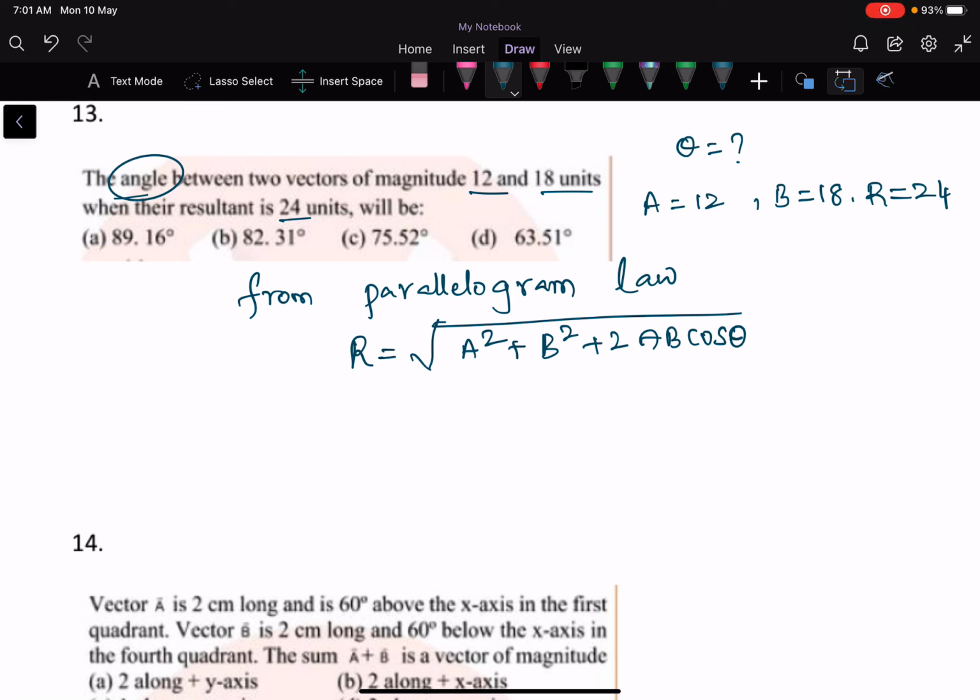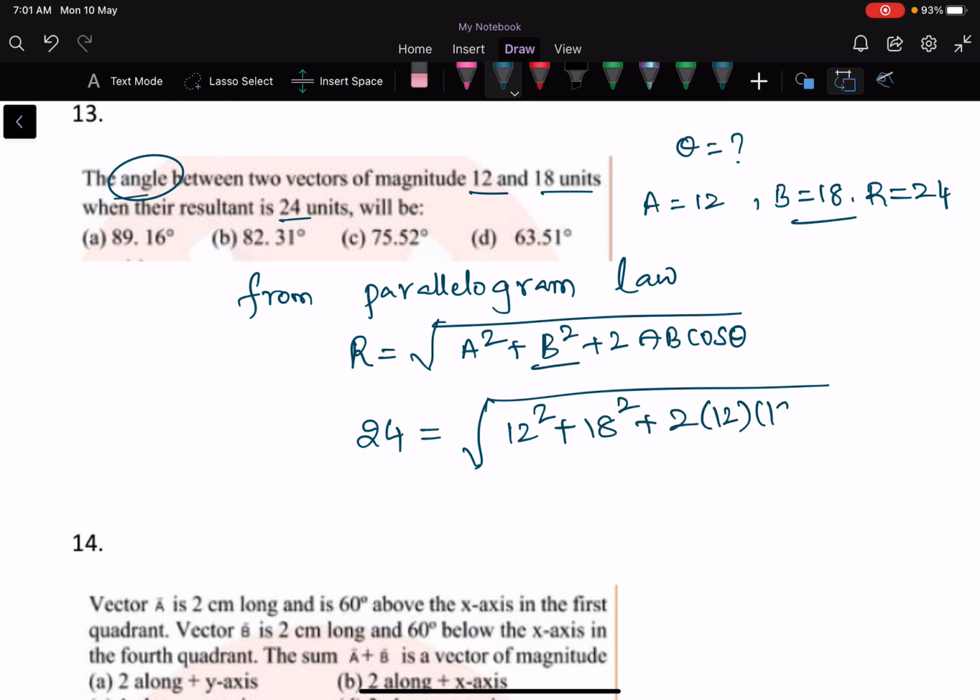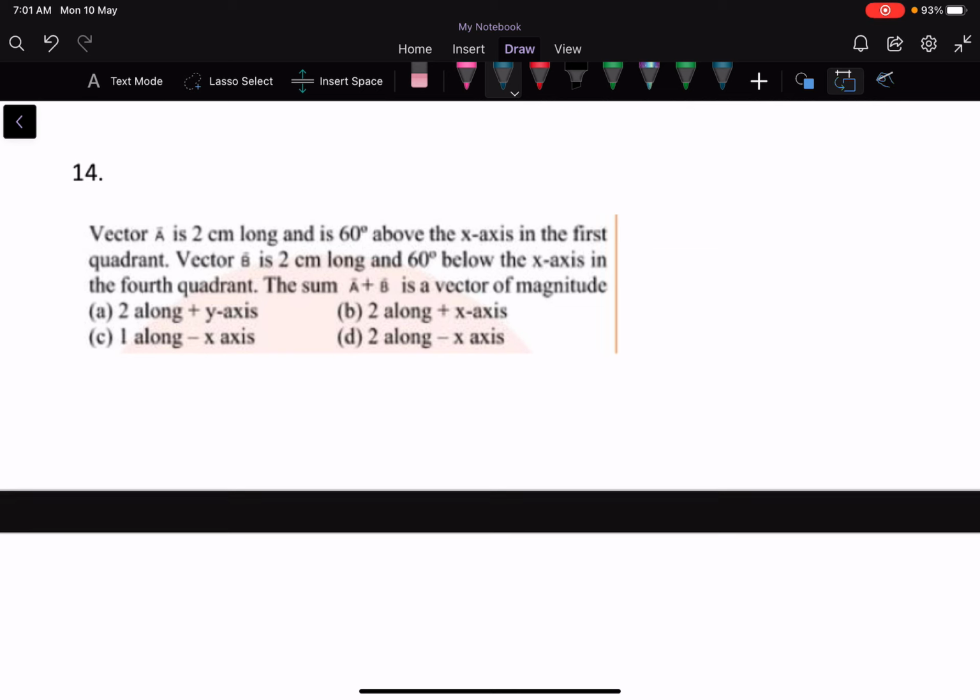So 24 is equal to the square root of 12 square plus 18 square plus 2 into A into B into cos theta. Here the only unknown is cos theta. Solve this equation to get the theta value.